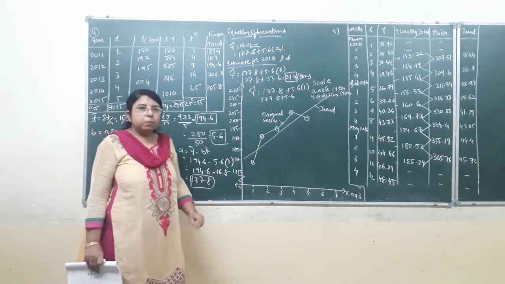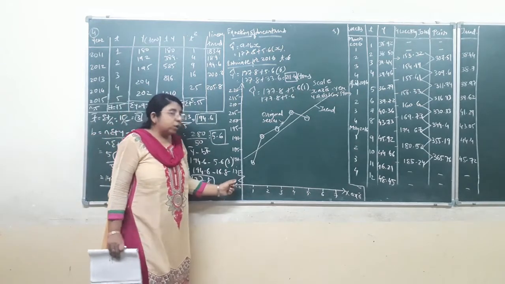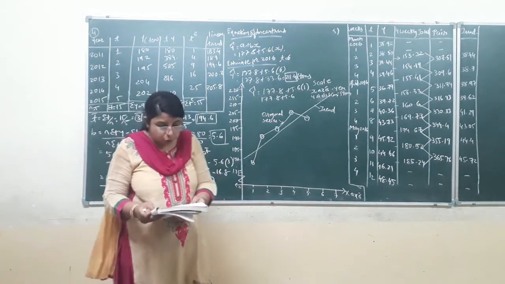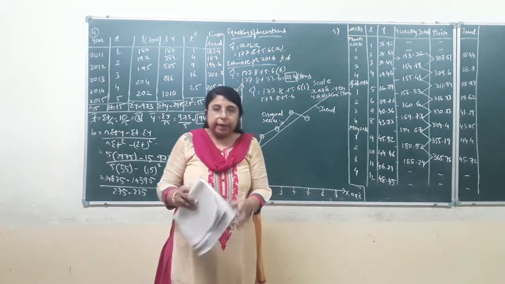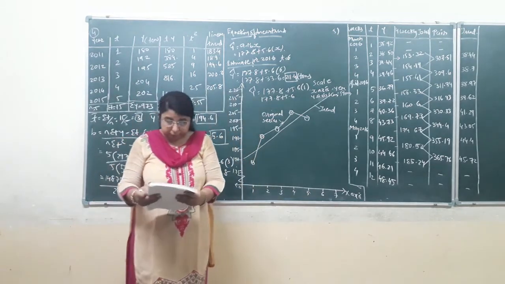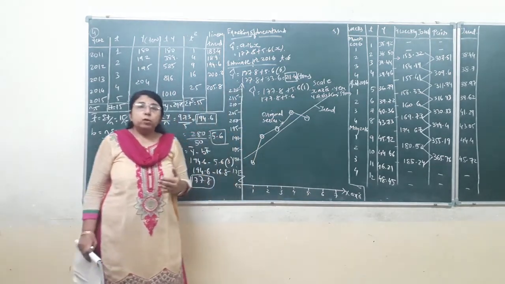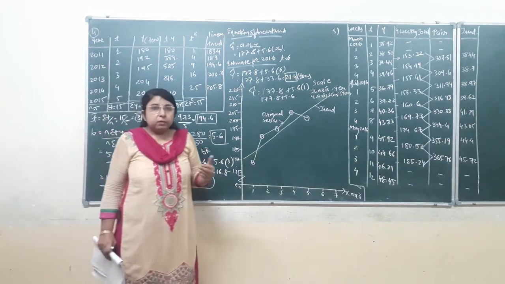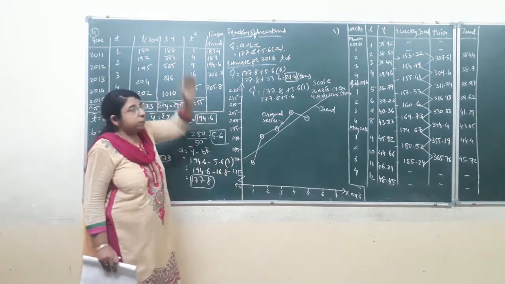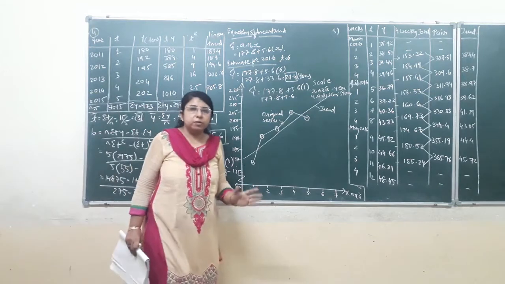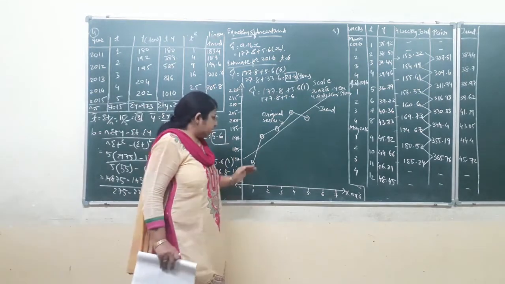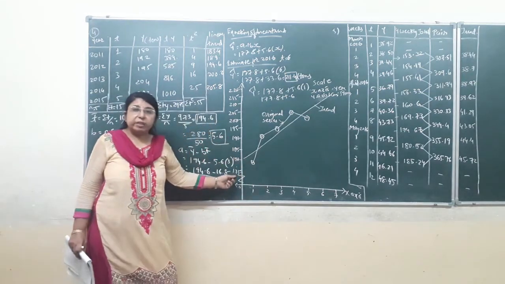Why has it been done? Because you can see the smallest value according to your data is 180, and the highest value is 204. If you start from 10 or 20, then the y-axis would be very big and it would not be possible to represent on a graph paper. So that's why initially I have started with 175.